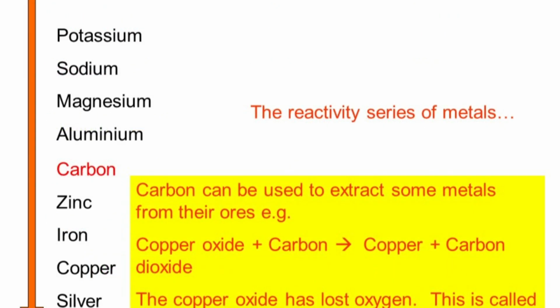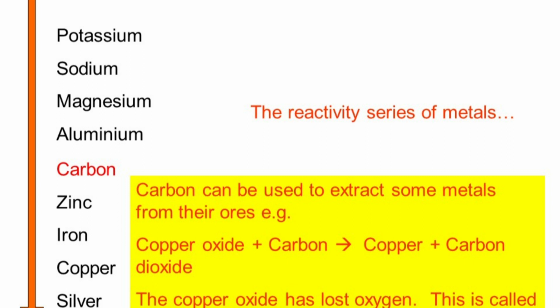So how is it done? You take your reactivity series and you use something above it. So if I want to get iron from iron oxide, from hematite, I need to use zinc, carbon, aluminium, magnesium, sodium, or potassium, or any of the other reactive metals. The problem you've got is that some of those are more expensive than iron.